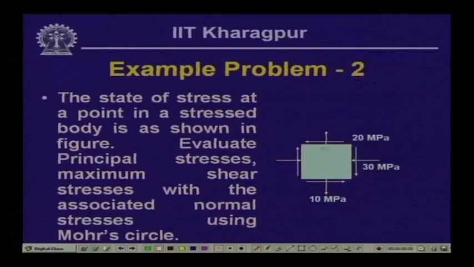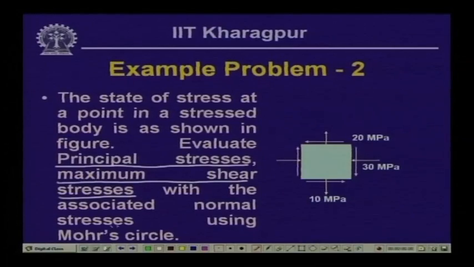Now, this particular problem states that these are the stresses acting with the rectangular axis system, which are sigma x, sigma y and tau x y, and we will have to evaluate the principal stresses, maximum shear stresses with the associated normal stresses, and we will have to use Mohr circle to evaluate these quantities.